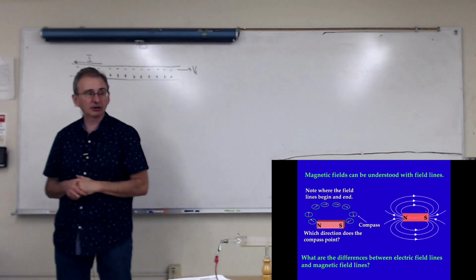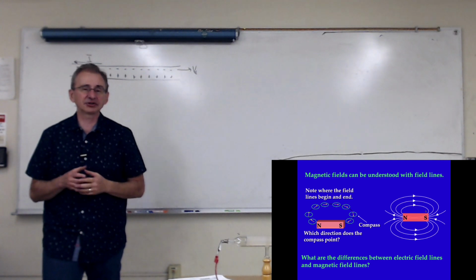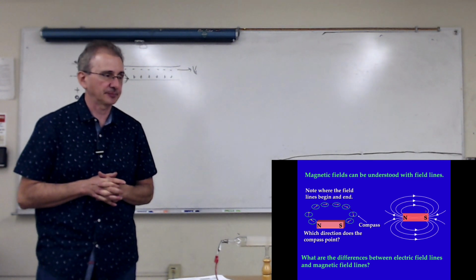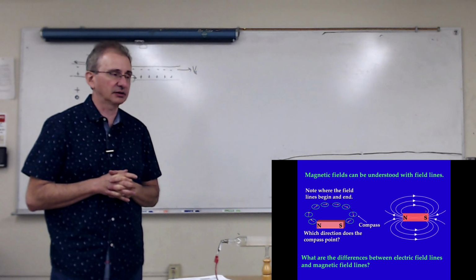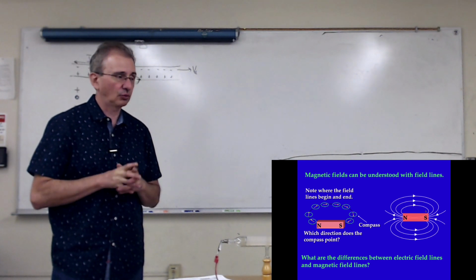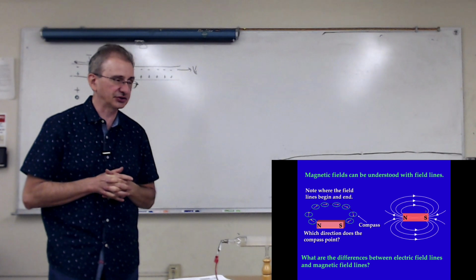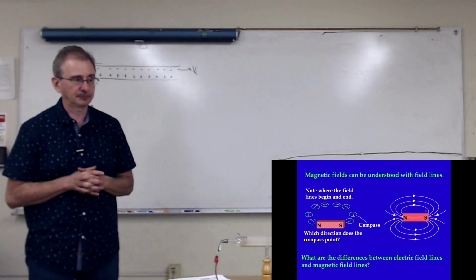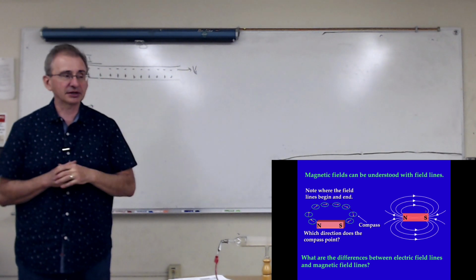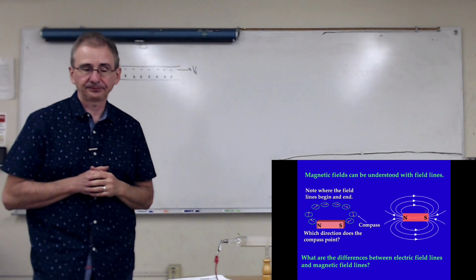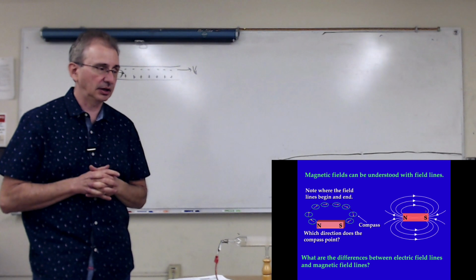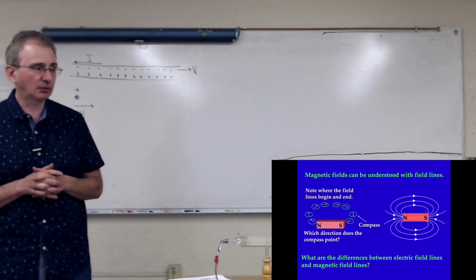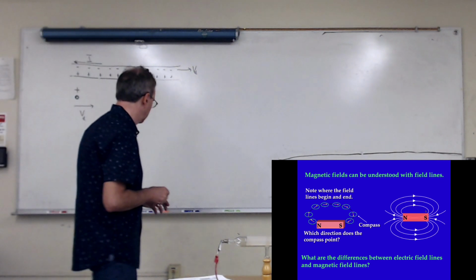Okay, so let's talk a little bit about magnets. We can understand magnetic fields with field lines. So what I'm going to do now is just state some facts regarding magnets. If you take a compass, you can use it to map out the magnetic field lines.